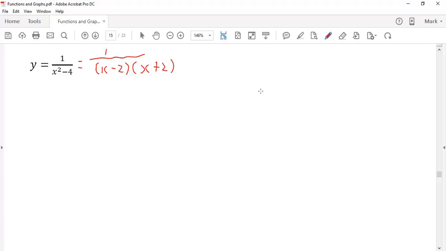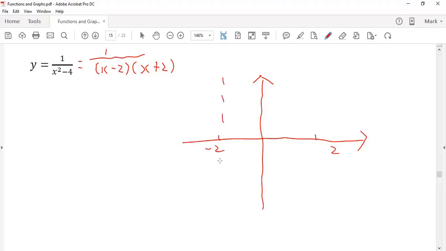So that pretty much tells us x can't be 2 and negative 2. So maybe this is a harder question, so it's highly unlikely you'll get one of these in your test, but it's good just to know what method to use.